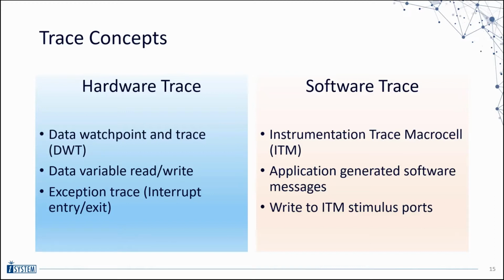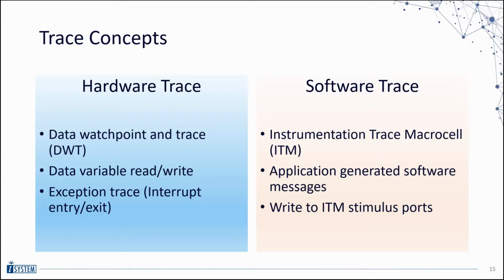In the context of software-assisted trace, I discuss ITM. It's an ARM core side IP which can generate trace messages. These trace messages can be generated either by simply writing data to the dedicated ITM stimulus port or by receiving trace data from the DWT module.